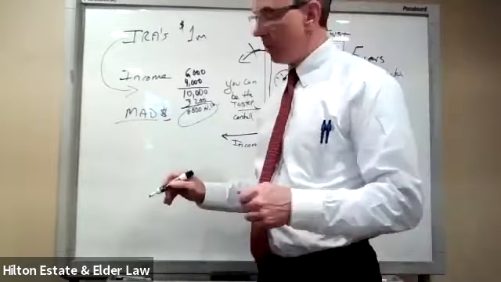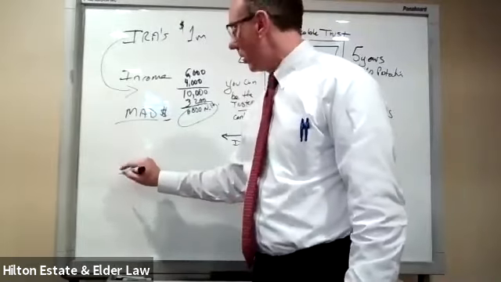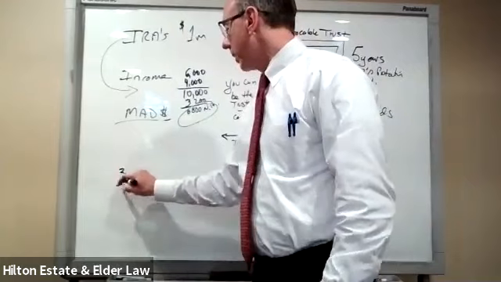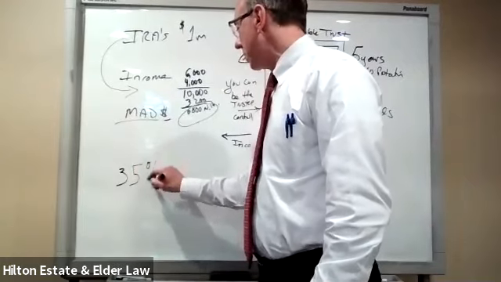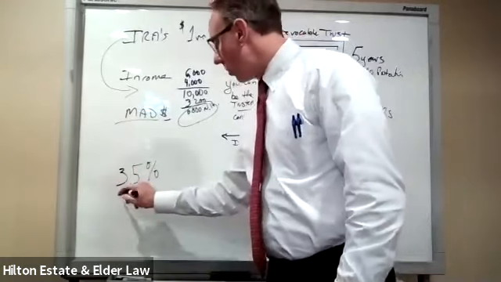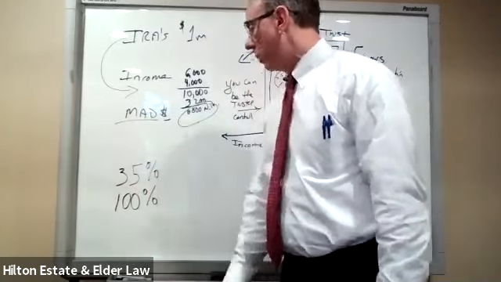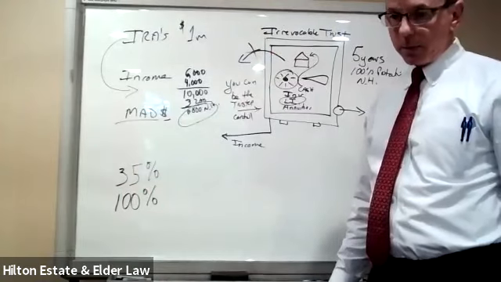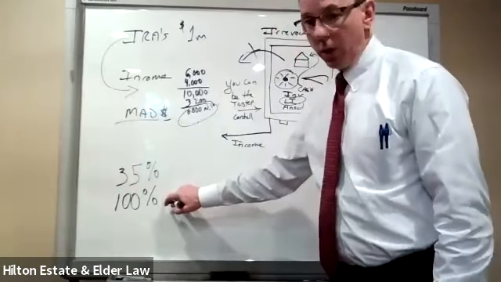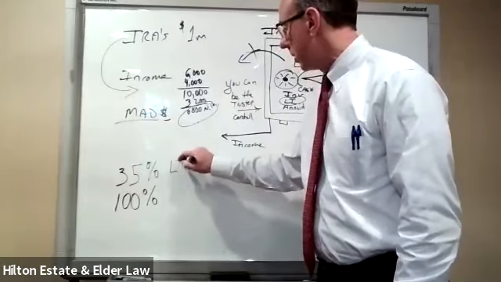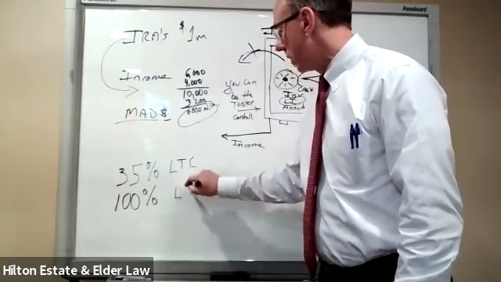Simply put, when I ask people about this, I ask them, okay, if you had to buy insurance that had about a 35% chance of paying off, or you were going to buy insurance that had about a 100% chance of paying off, which bet are you going to make? Well, everyone says, well, it's 100%, right? So this is long-term care insurance and this is life insurance.